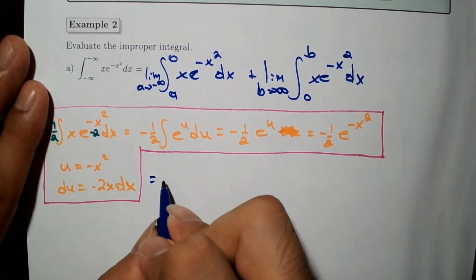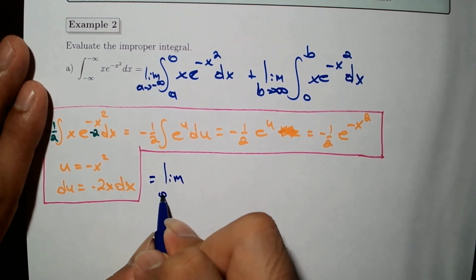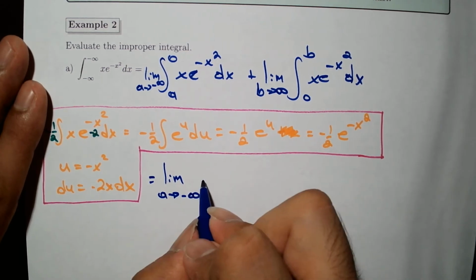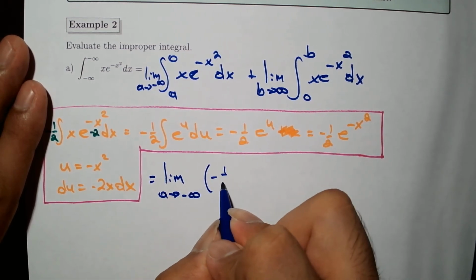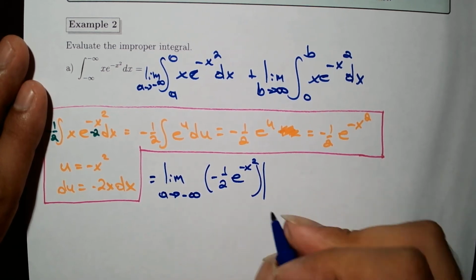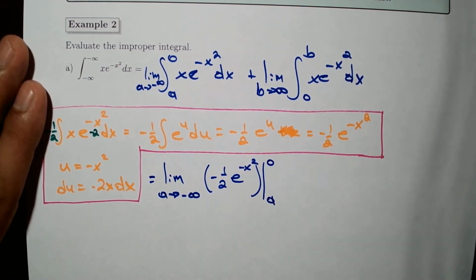For the first limit, a approaches negative infinity of negative 1/2 e to the negative x squared evaluated from a to 0.